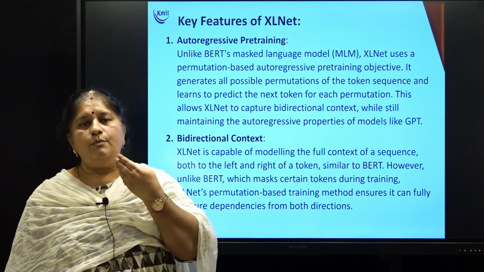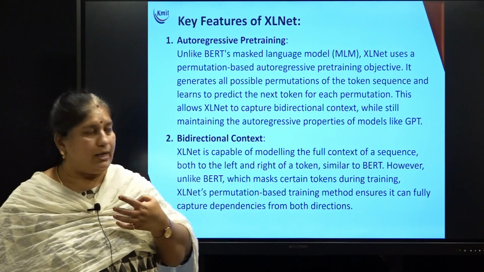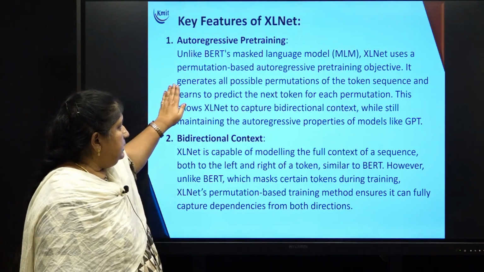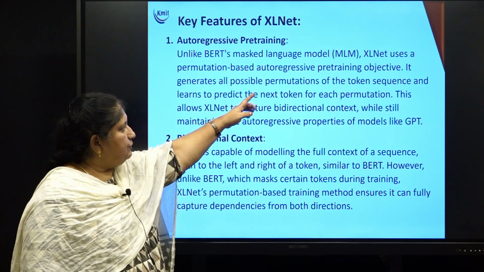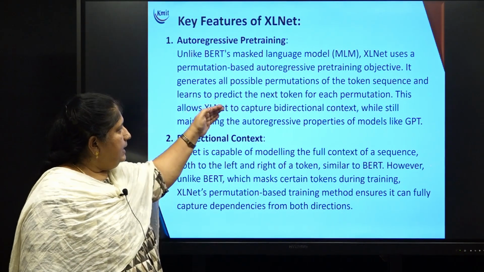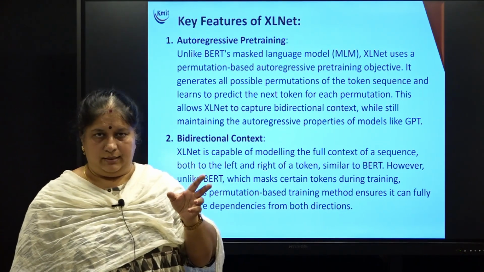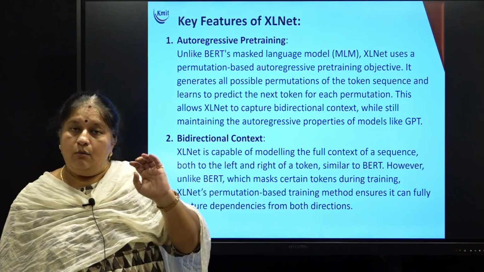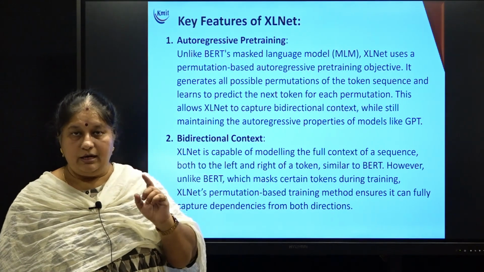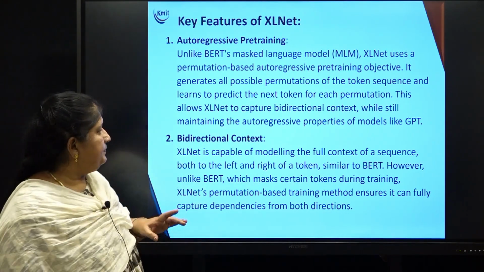Try to generate all possible permutations and combinations of these 4 words, right? So XLNet is trying to generate all possible permutations of the token sequence, and then it will try to identify what could be the next token. I have already generated a permutation of these 4. What could be the next token, right? For every permutation, it identifies what is the next token.